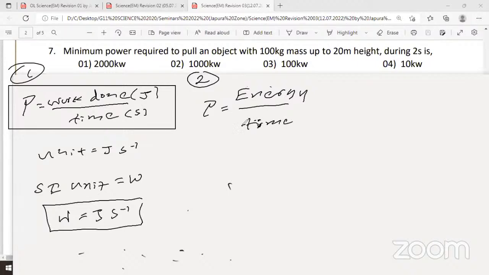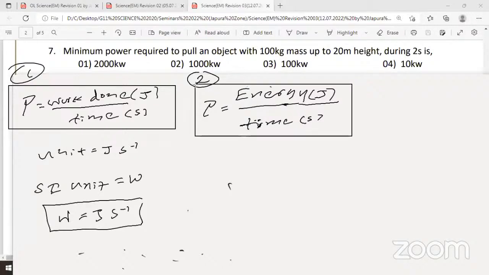Energy is measured in joules, and it can be kinetic, potential or any form of energy. That is the rate of doing work, unit joules per second. SI unit will be watt.